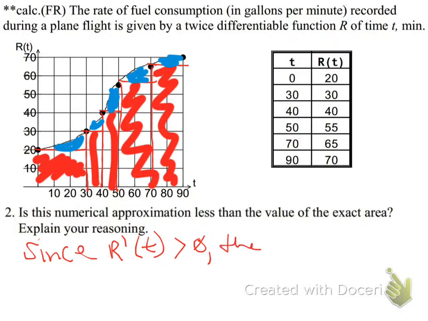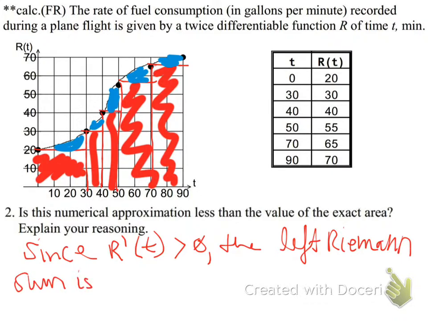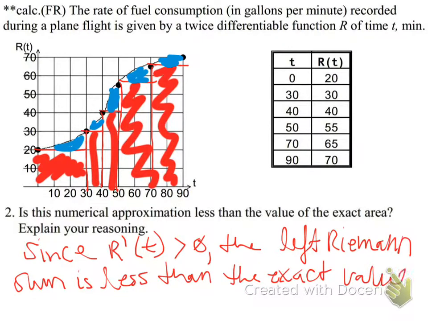And anytime we have that, the left Riemann sum is less than the exact value. And that's the answer.